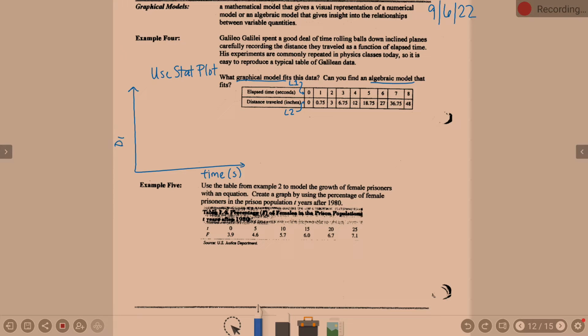Along the left, we had distance traveled, which is in terms of inches. I'm not going to take time to label this. I'm just sketching the graph to show that we had these points. The points did something like that, right? I'm just putting them in the shape, giving us the idea. And we just talked about how this looks like a parabola.